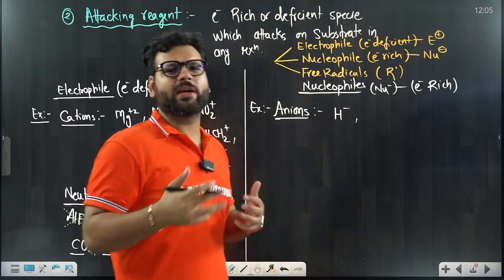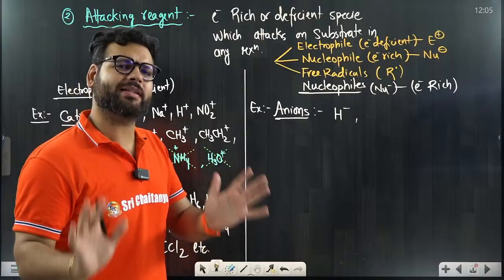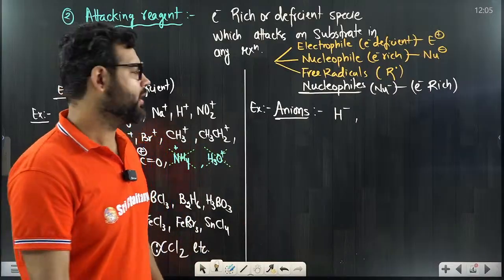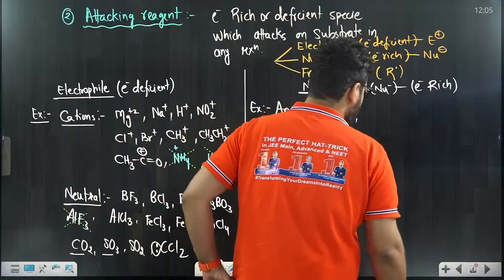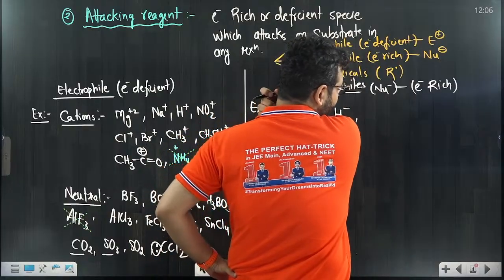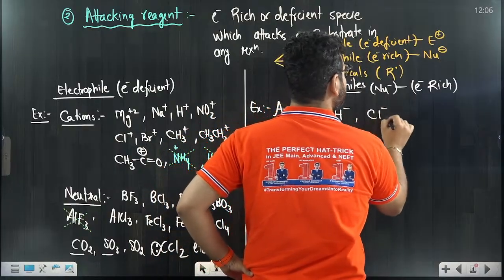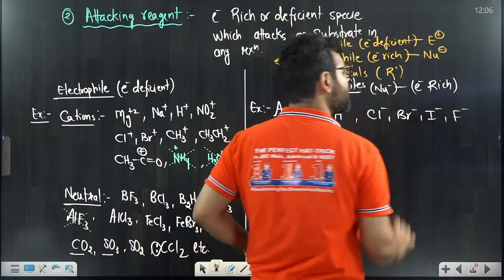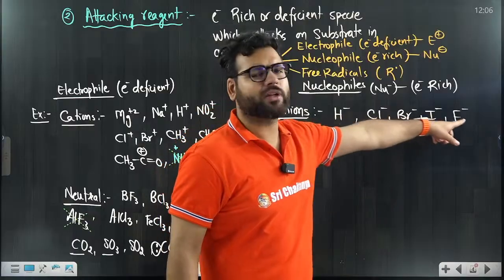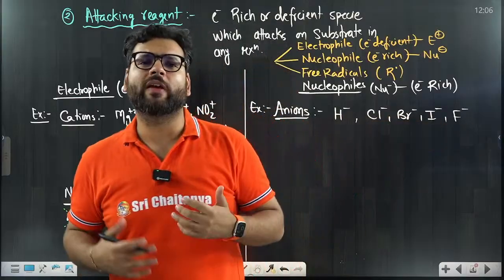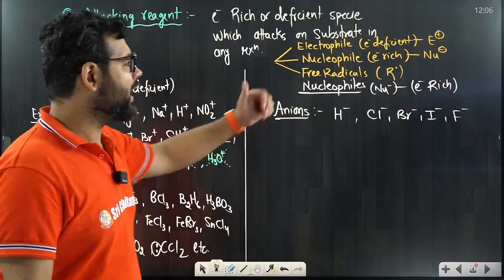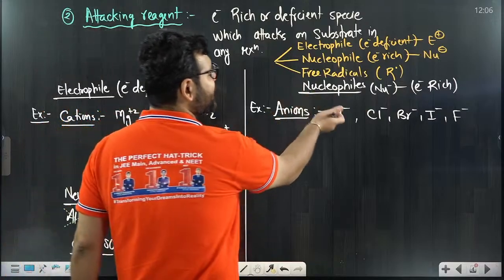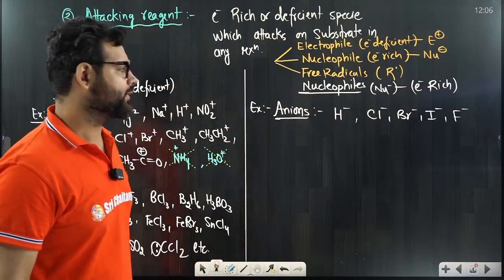Few are not, like BF4 minus, but rest every anion you can take here. Then you can take Cl minus, Br minus, I minus, F minus. You use Swarts reaction where you use F minus as the attacker. You use Finkelstein reaction where you use I minus as the attacker. You use LiAlH4 from where H minus comes and attacks.